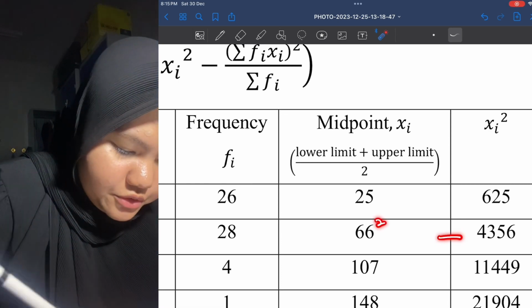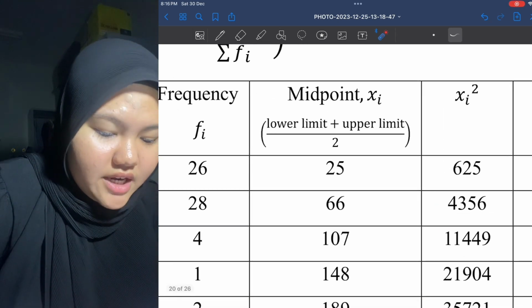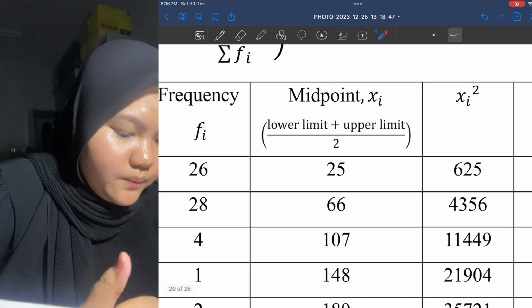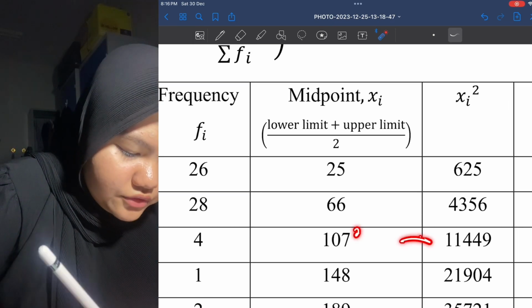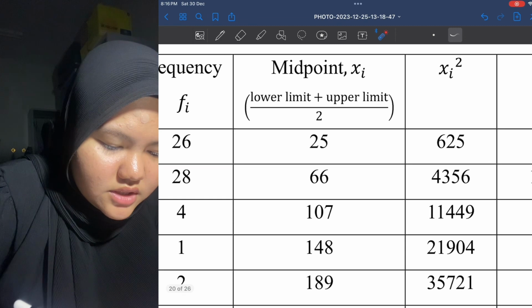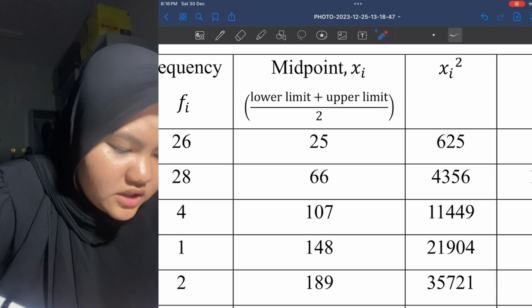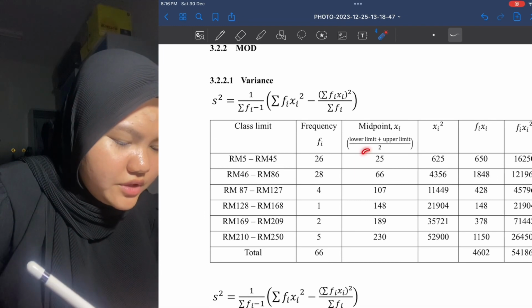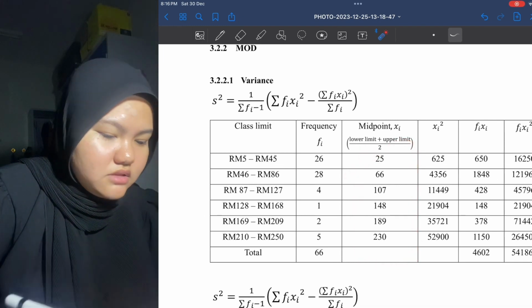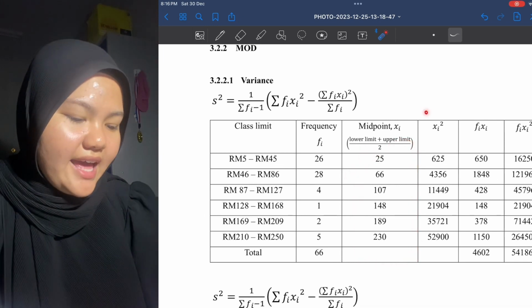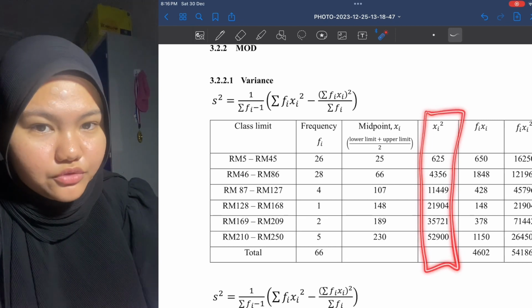66 to the power of 2, you will get 4,356. 107 to the power of 2, you will get 11,449. Then continue for the next class limits, and you will get the midpoint to the power of 2.